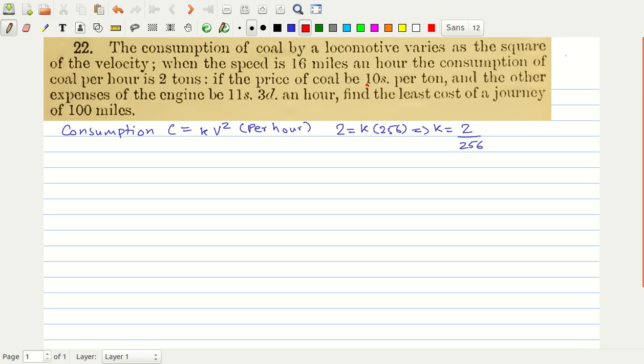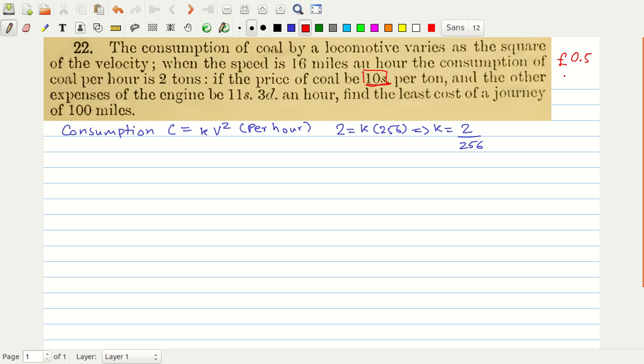Instead of 10 shillings per ton, let us say the price of the coal is 0.5 pounds per ton. Actually 10 shillings is the same as 0.5 pound.